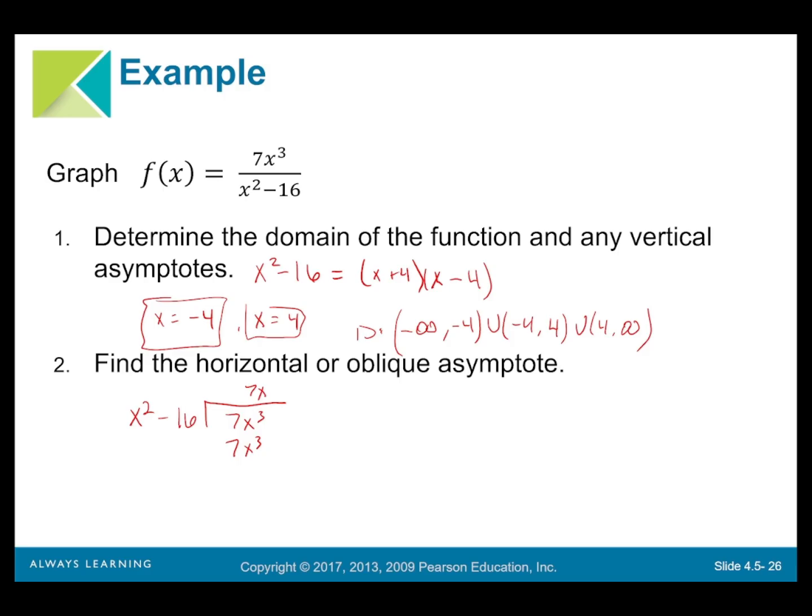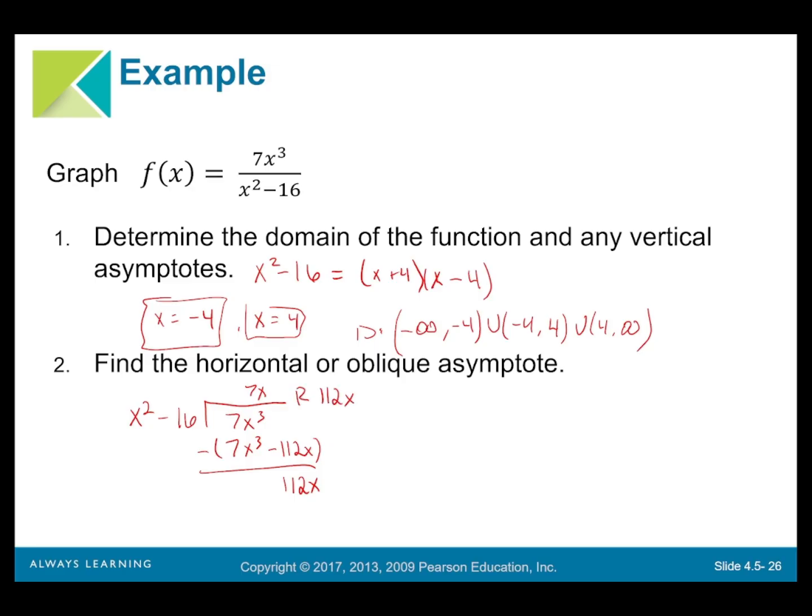And 7 times 16 is, pulling out the calculator, 112. So that is minus 112x. If I subtract this whole thing, I'm left with 112x. So that is actually our remainder.